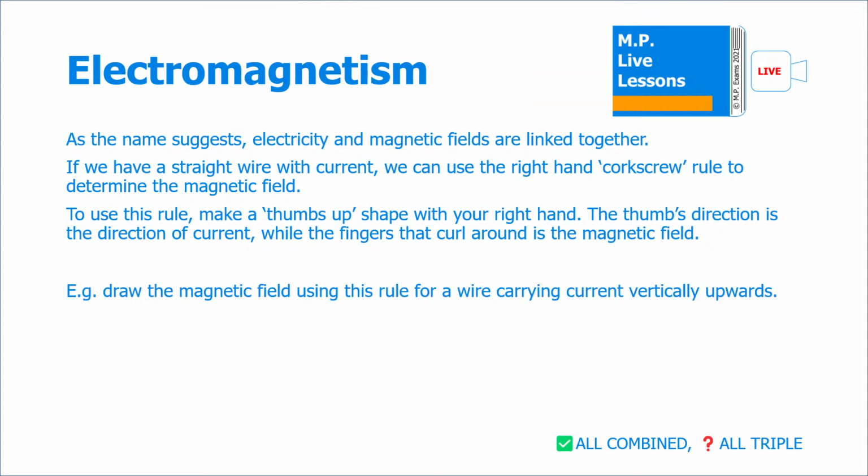For example, draw the magnetic field using this rule for a wire carrying current vertically upwards. If you use the rule as seen in the diagram, you would see that the magnetic field wraps around like this.